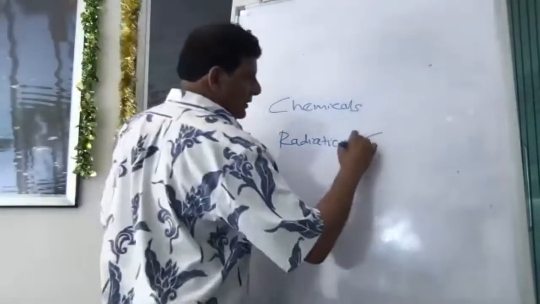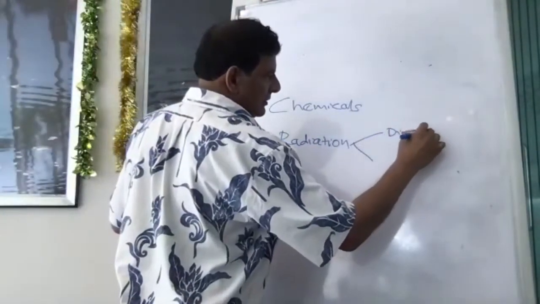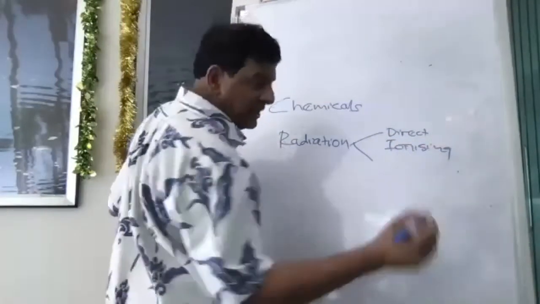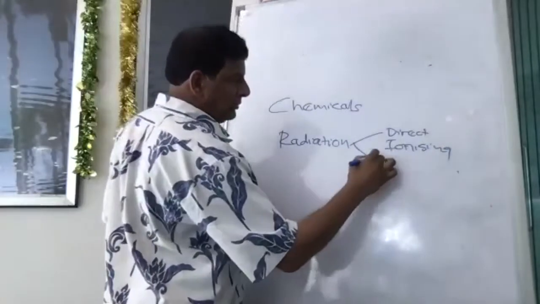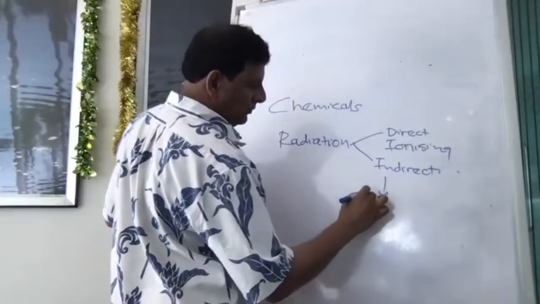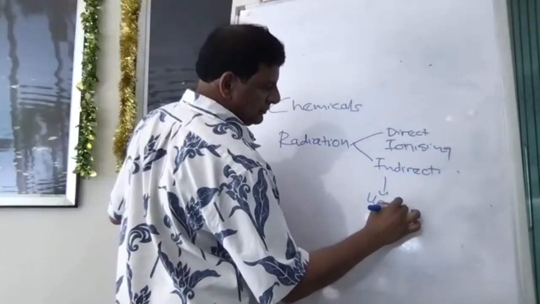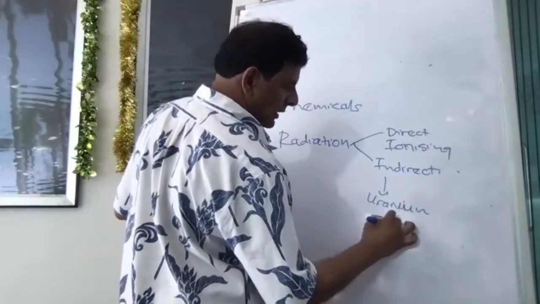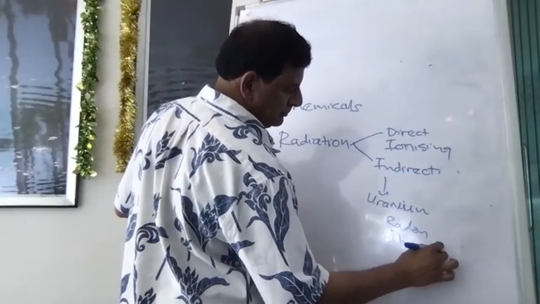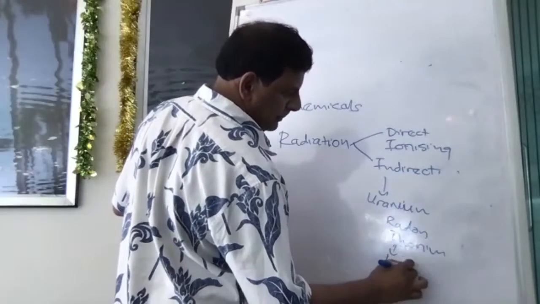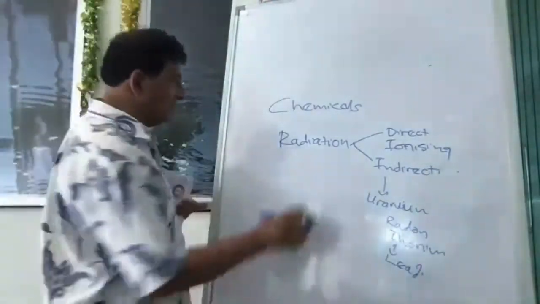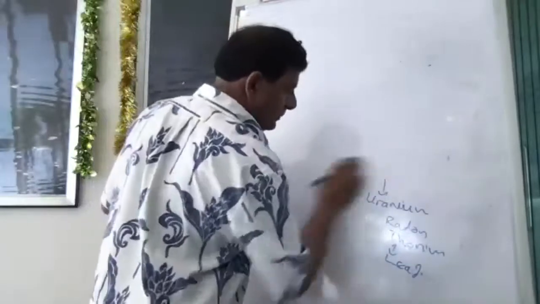You have a direct or ionizing radiation like X-rays or atomic bomb, or indirect through breakdown of uranium products like radon, thorium, lead. Those are the indirect products that are actually part of the radiation that can affect the gut directly. Let's go to the next page.